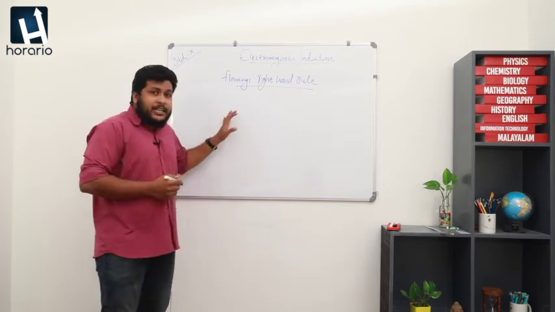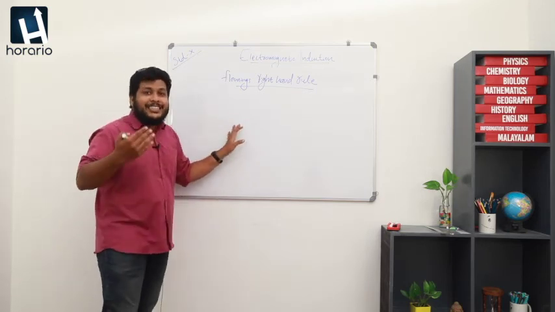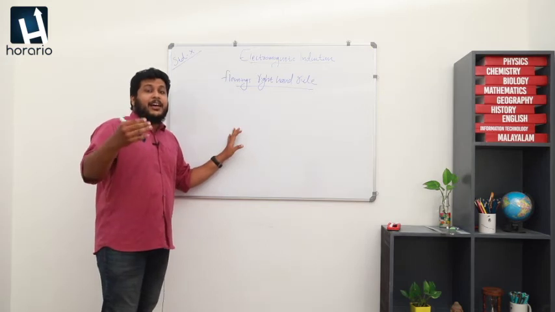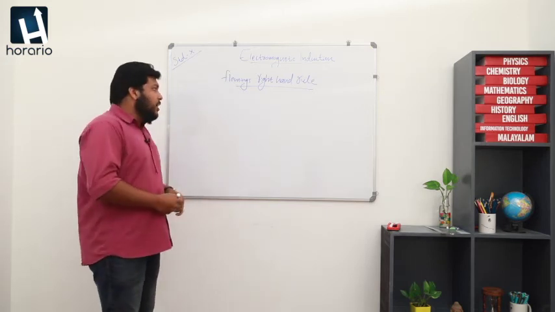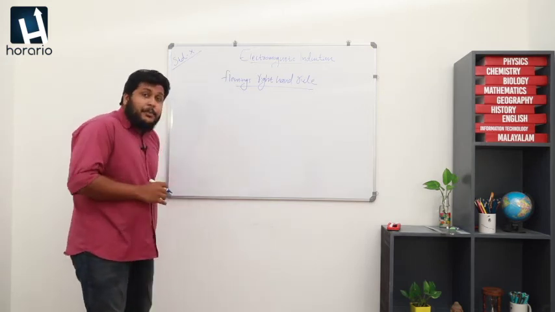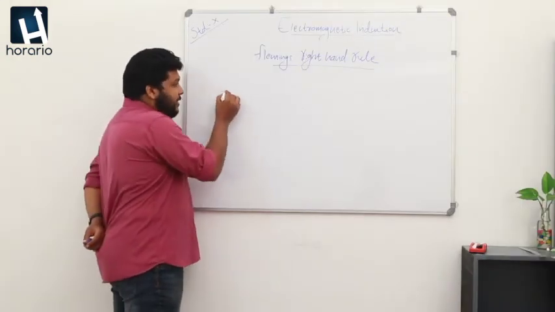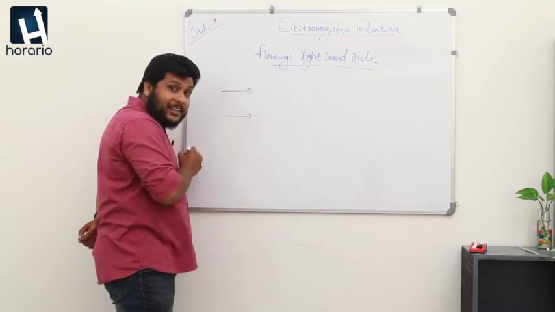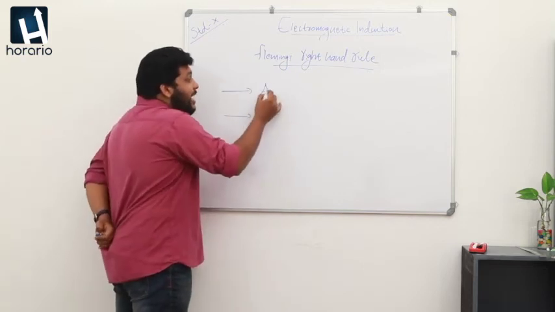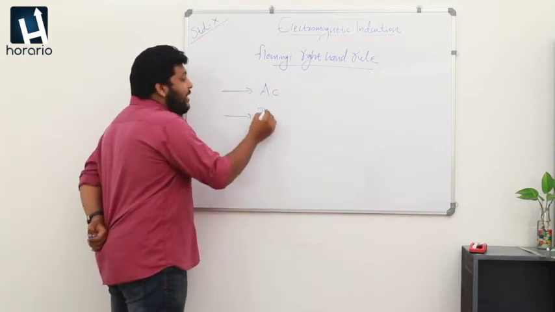Okay, here we discussed how electricity is produced inside a current carrying conductor. Here, the current can be produced in two ways, and commonly these two types of currents are known as AC and DC.